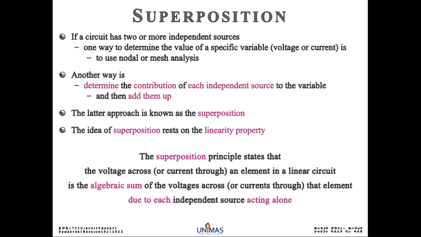Then we move on. We turn on only source number 2 and turn off sources 1 and 3, and you find the voltage and current. And finally, you turn on only the 3rd source and turn off the 1st and 2nd sources, and you find whatever current and voltage you want to find.